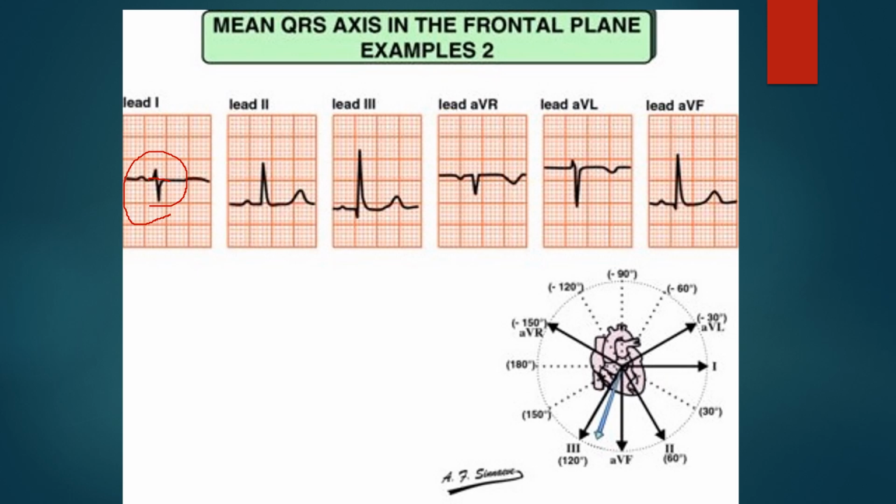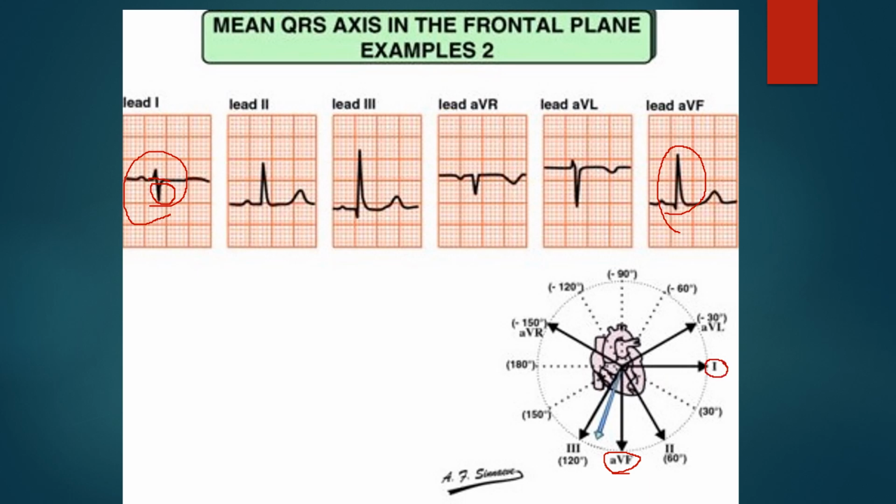Then again, what is the perpendicular lead of lead 1? It is aVF, and in aVF the deflection is positive. It indicates the axis should be around 90 degrees. Now there is more negative deflection in lead 1. We can travel 15 degrees more towards the negative pole. The positive pole of first is plus 1.